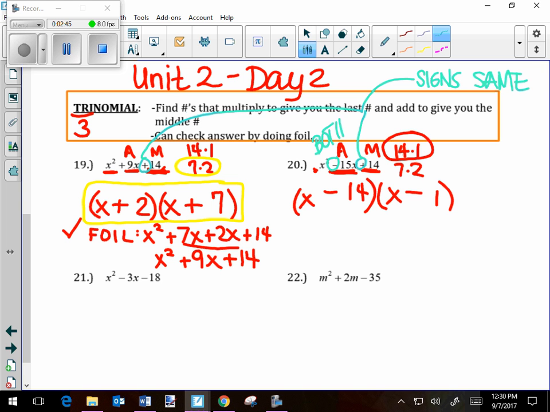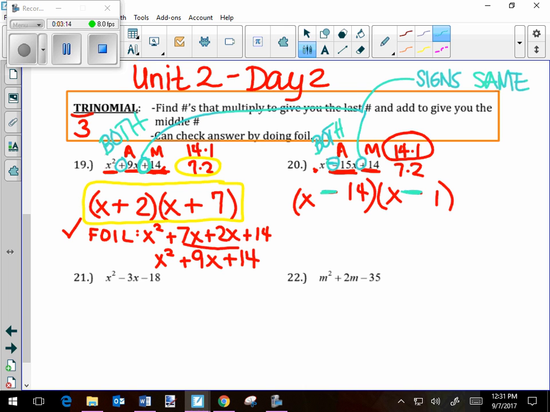So when I realize I have to get a positive 14, I know my signs both have to be the same here and here. And the fact that this is a negative means that both of my signs have to be negative. The same thing works on question number 1. The other positive sign right here is telling me that they both have to be the same. The first one tells me that they're both positive.